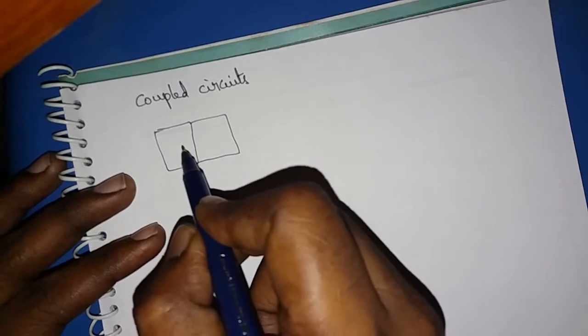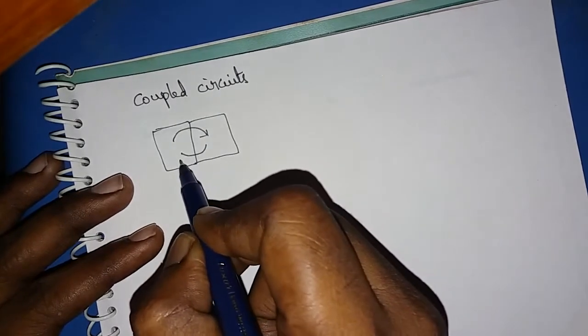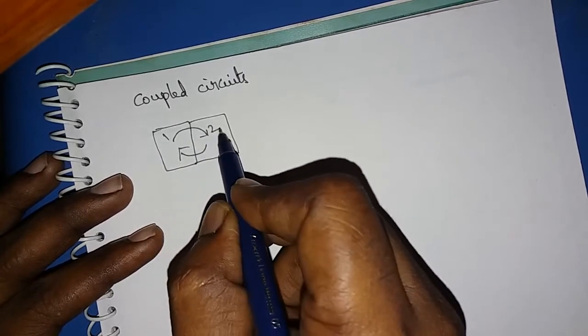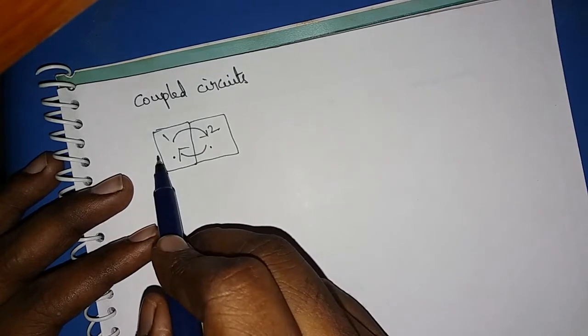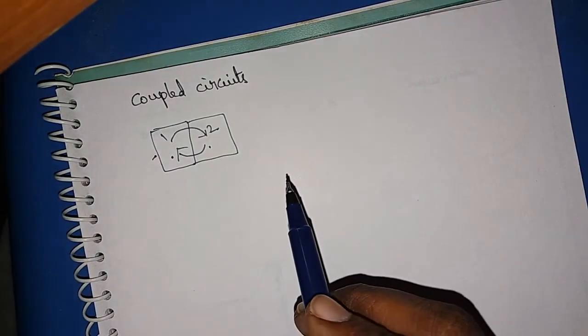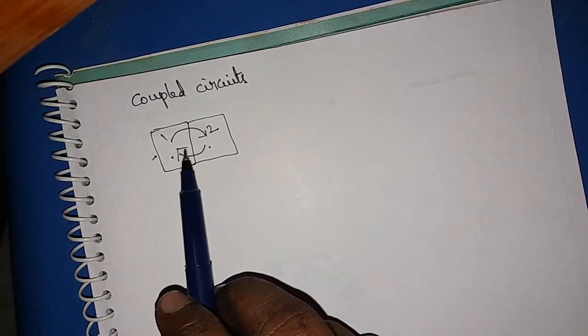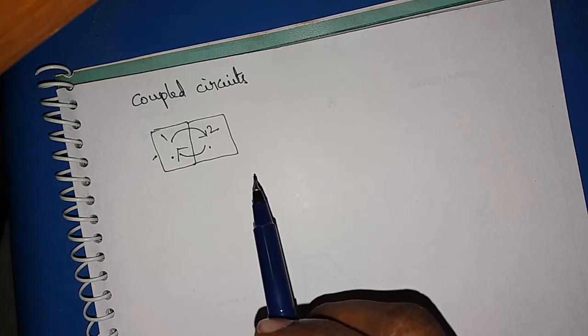The energy will be transferred either from 1 to 2 or from 2 to 1, when 1 is energized or 2 is energized. Then these two are said to be coupled circuits.